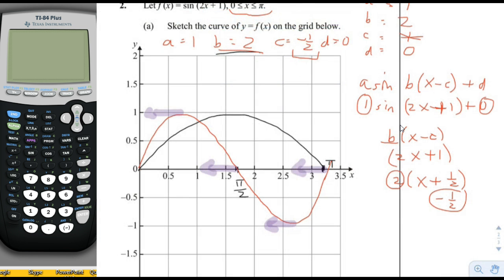All my points are going to be 0.5 to the left. So I got 1 there, 1 there, 1 there, and 1 about there. And then this one would be about there, 0.5. Then I draw my new sine wave there.